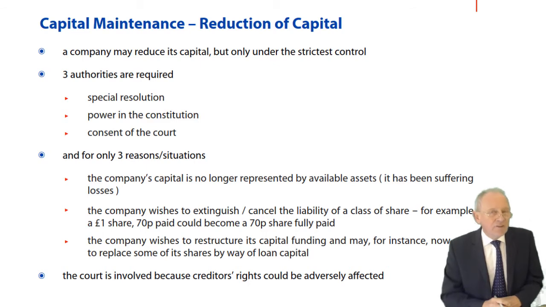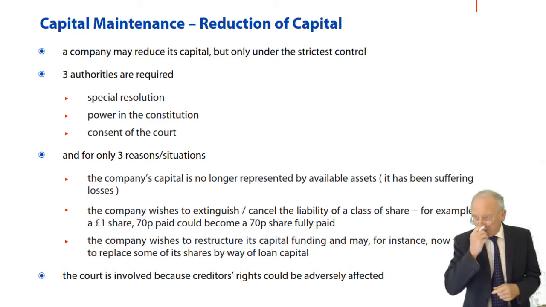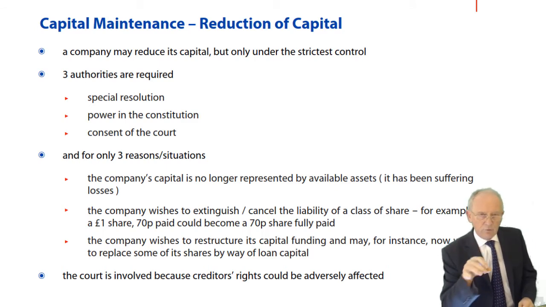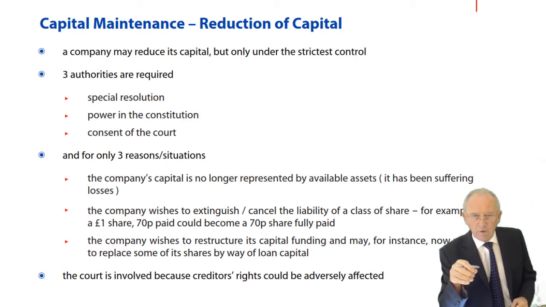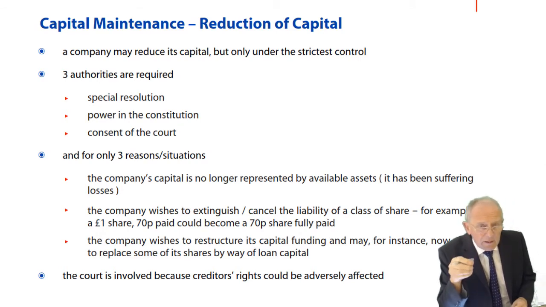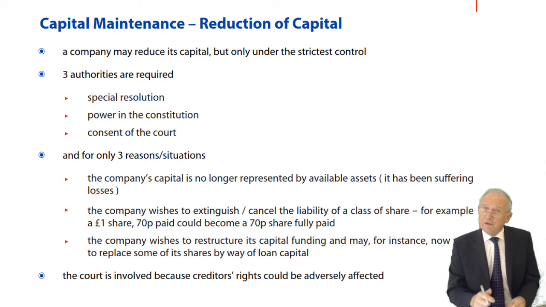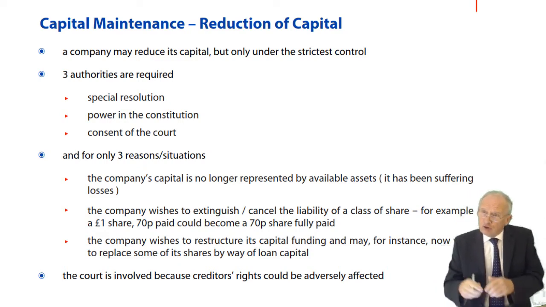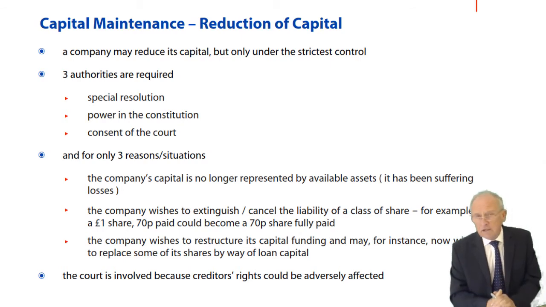The reason we need consent of the court is because potentially, and particularly in one of the three ways in which we might want to reduce, we are potentially depriving the future creditors and payables of funds which would otherwise have been available to them in the event of a liquidation.